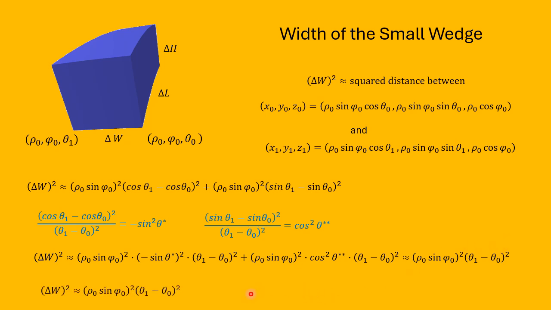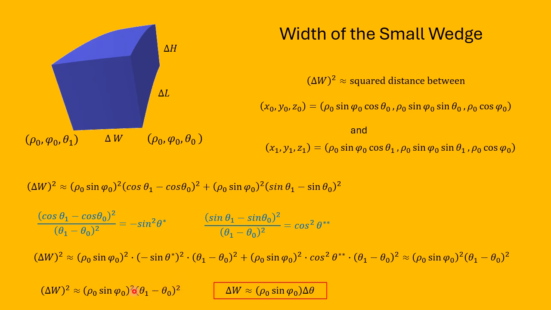So then, once again, we have this equals this stuff right here. And we want to find delta W, this width up here. So just take square roots of both sides, and we get that width delta W is rho naught sine phi naught times, and I'll call this difference, theta 1 minus theta naught, delta theta.